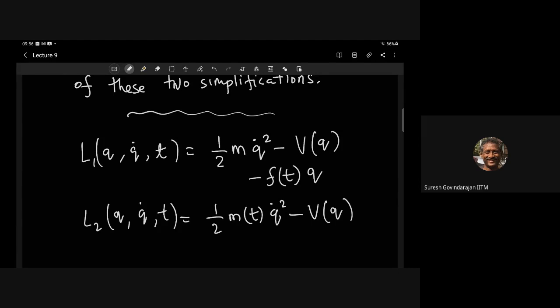You are feeding energy into the swing, and then the amplitude starts increasing. Here's an example where things are time dependent, and it depends on your pumping. So for this L1, you will realize that dL by dt will be some f of t, which will be some external driving force. Okay, so any other questions?